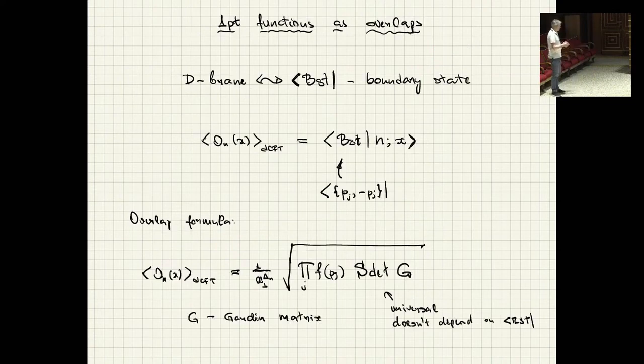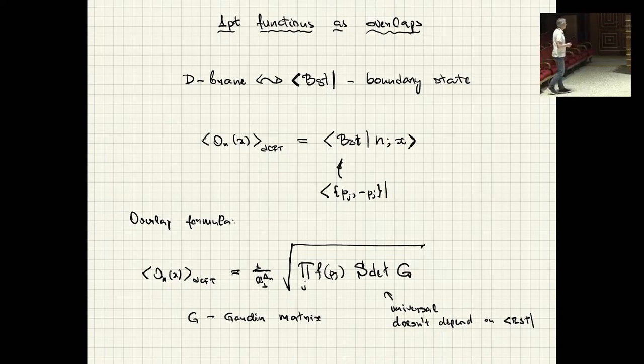Okay, so in this language, the one-point function is an overlap of a boundary state with a given on-shell state of the string that is dual to some operator on the boundary. So it's characterized by some quantum numbers at the position where this operator is inserted. And the question is how to compute this overlap.